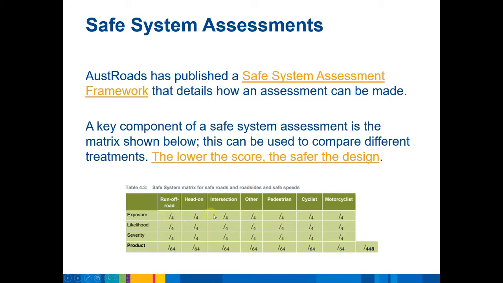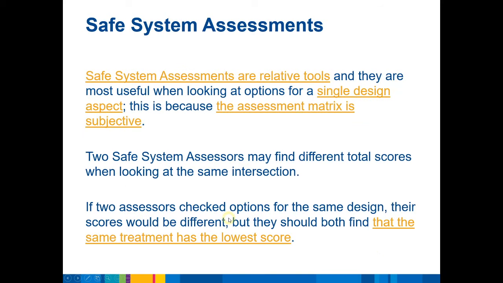It doesn't really matter what individually they score this as long as, if 2 assessors were to check options for the same design, they might get different scores, but they should both find that the same treatment has a lower score. So they won't find exactly the same numbers, but they will find that they're tending to point the design direction the same way. They're both tending to point towards a raised platform intersection, or they're both tending to point towards a roundabout.